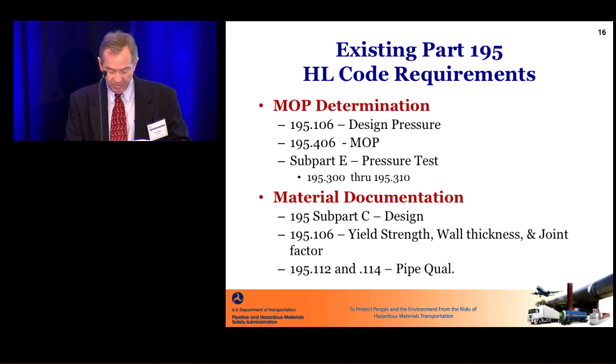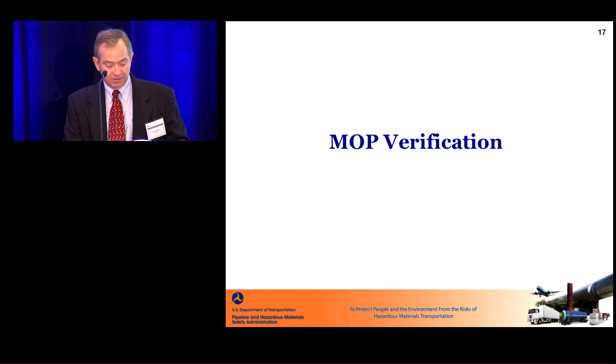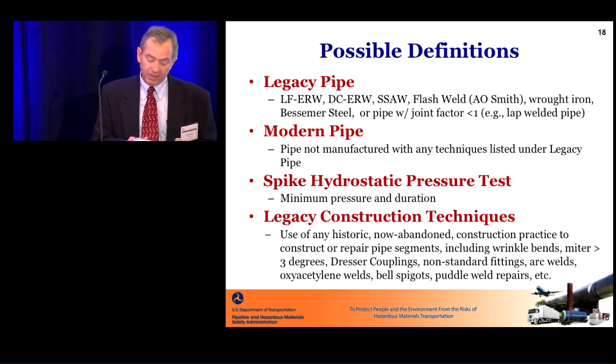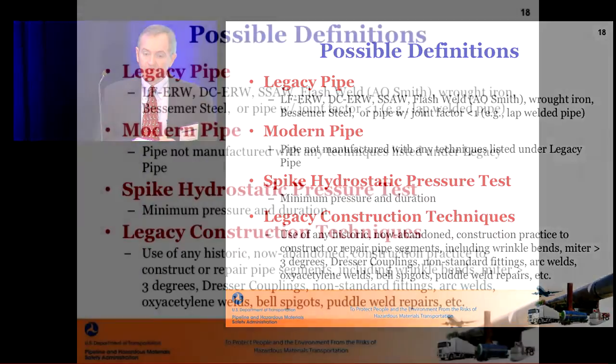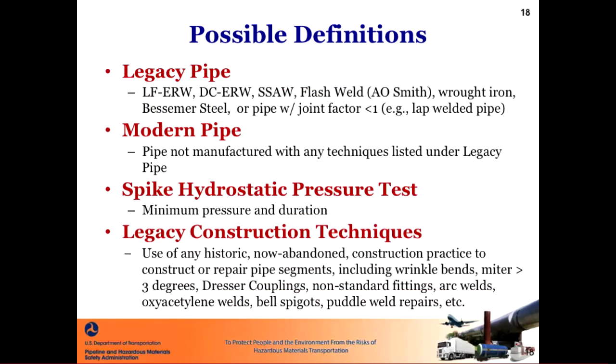And then let's just talk about MOP verification with a few more details. Number one, we're looking and we want your input on some possible definitions that we may use for legacy pipe. The way we did it on the gas transmission side was it's to identify pipe that had possible seam issues, cracking type issues. And you can see what we have there, the low frequency ERW, the lap welded pipe, things like that.